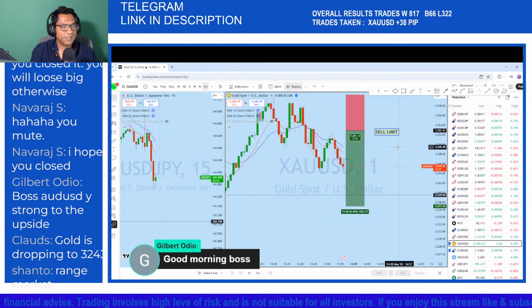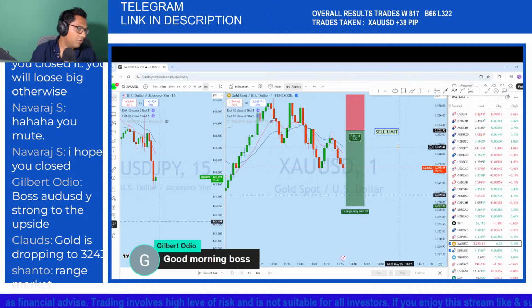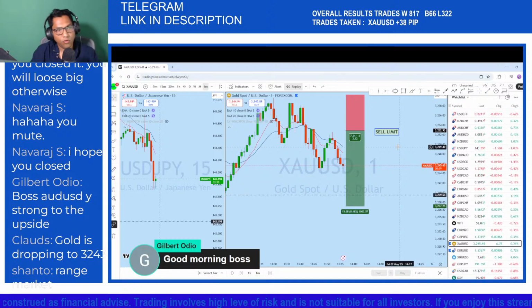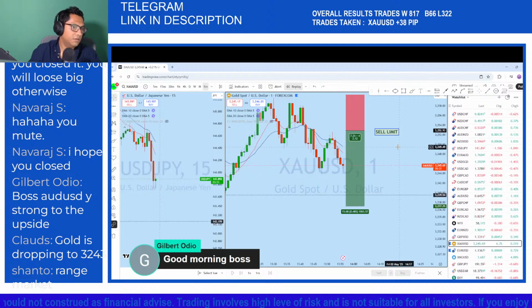The market has started to drop from that level, so now it may go back up again for another retest, or it may just remain bearish from here.